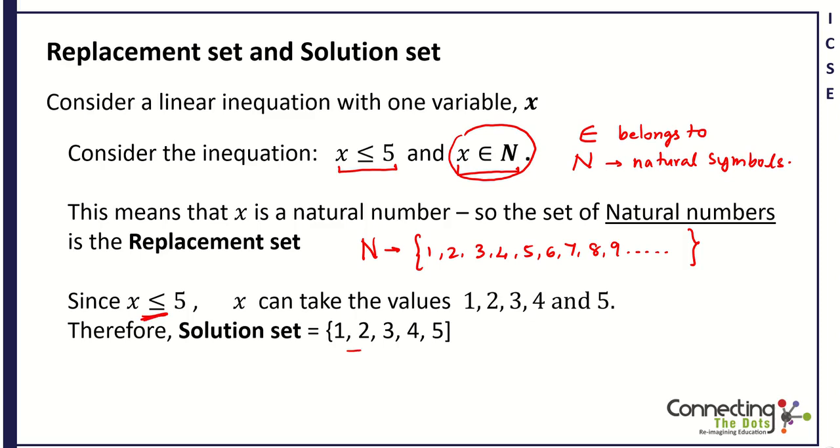Therefore, the solution set becomes 1, 2, 3, 4, and 5. How can you pick 5? Because the inequation says x is less than or equal to 5. So 5 can be picked. So there are 5 solutions possible. X belongs to N is the replacement set, and 1, 2, 3, 4, and 5 is the solution set.